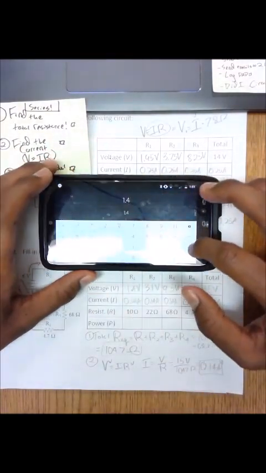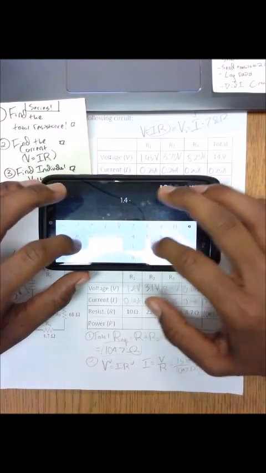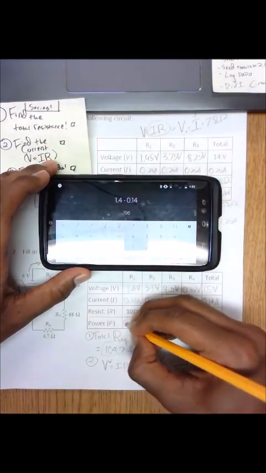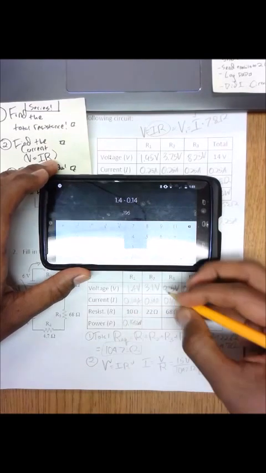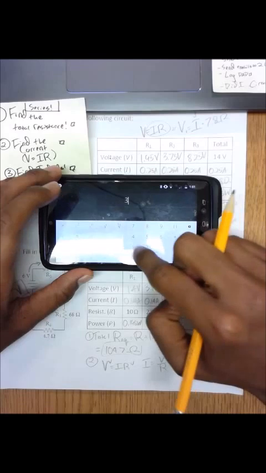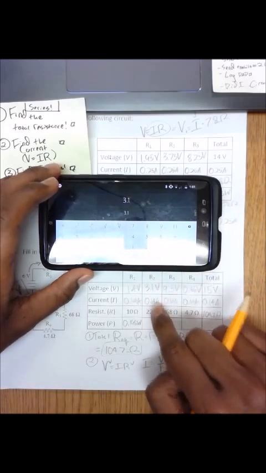We got our calculator app. So then for each of these, we will multiply the voltage times the current. So the first one's 1.4 times 0.14. Oh, that's funny. 0.196 watts. So next line is 3.1 times 0.14.